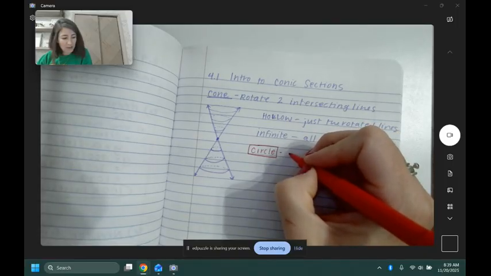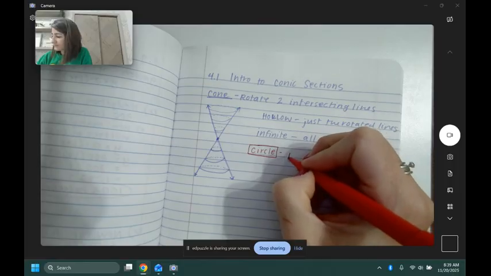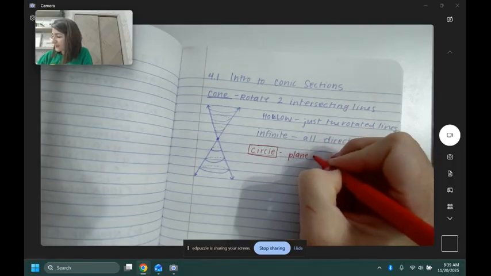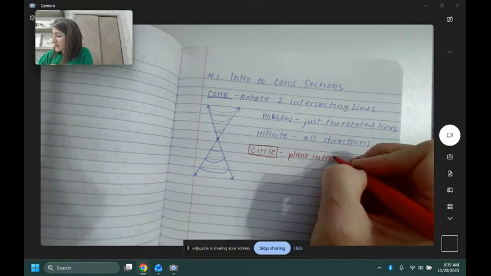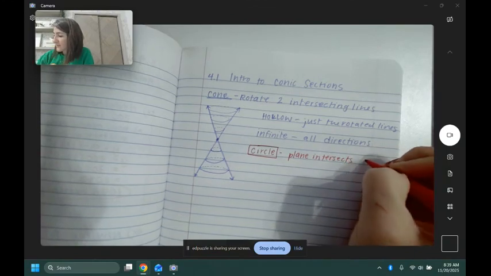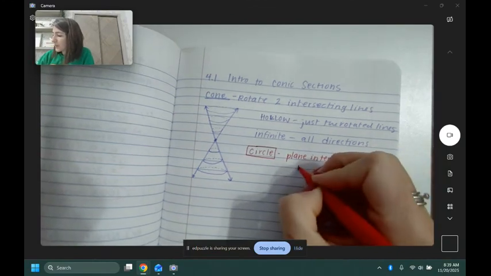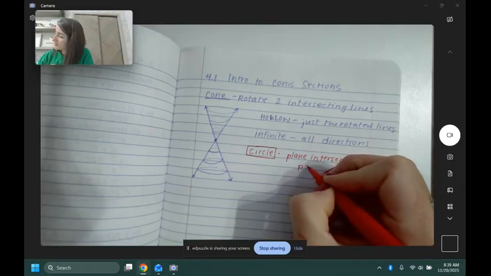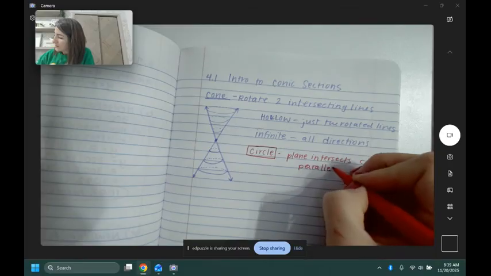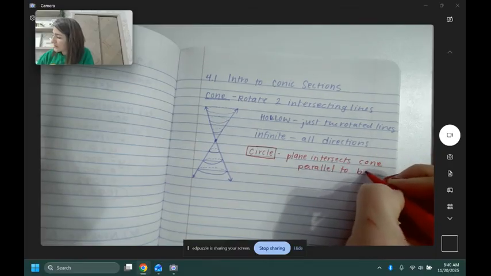The cross section, the plane that intersects the cone perpendicular. No, parallel to the base.